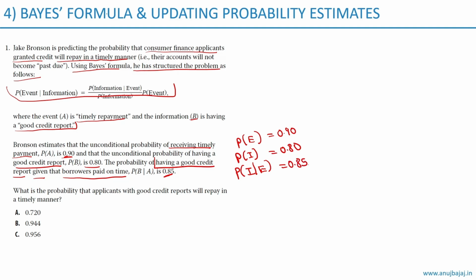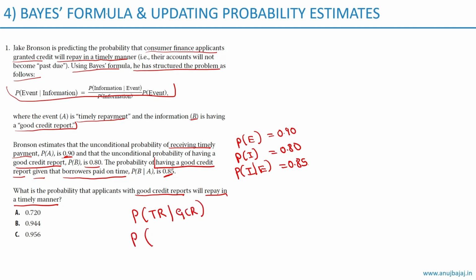So what is the probability that applicants with a good credit report will repay in a timely manner? So we are required to find the probability of timely repayment given that applicants have a good credit report.